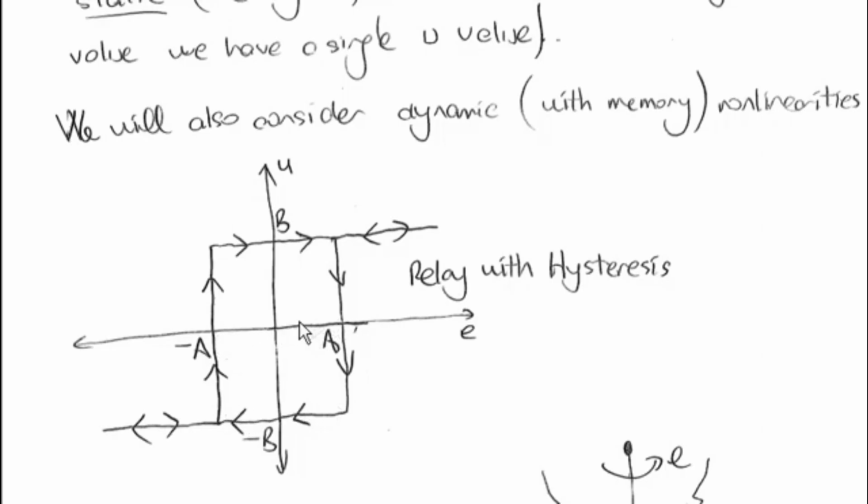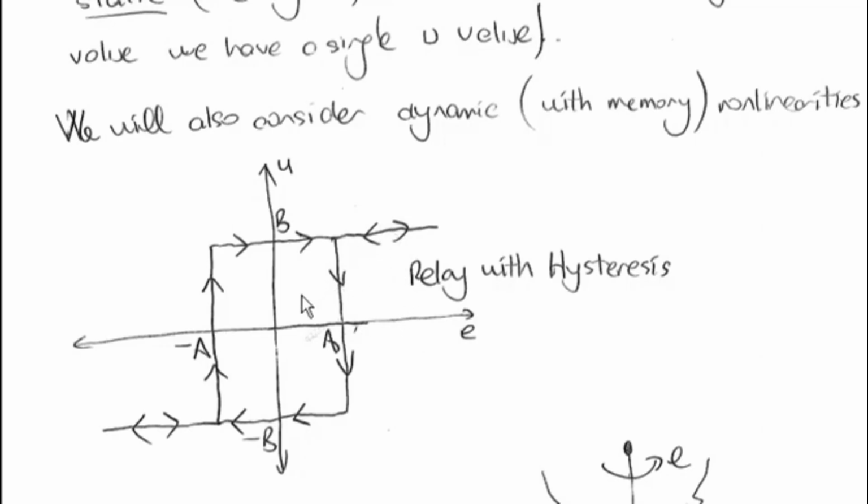If E is increasing, then the nonlinearity gives us plus B, and if E is decreasing, the nonlinearity is giving us minus B. Outside this region, there are only single values.